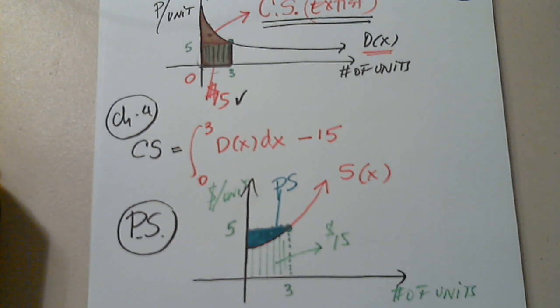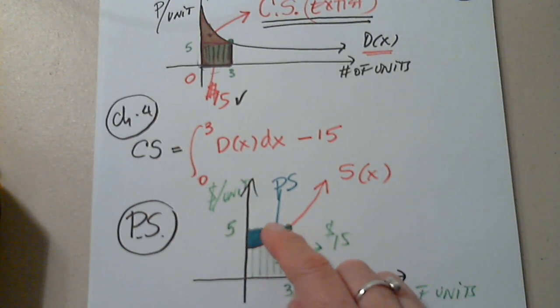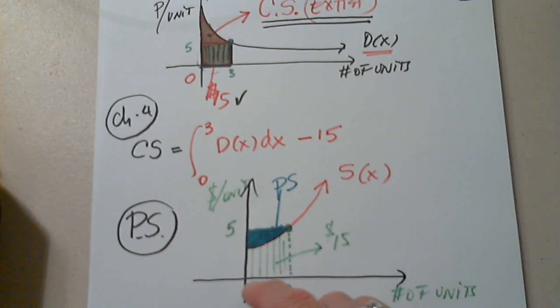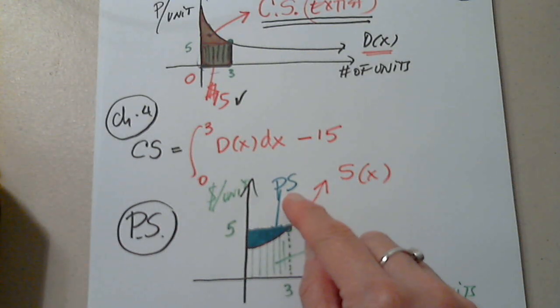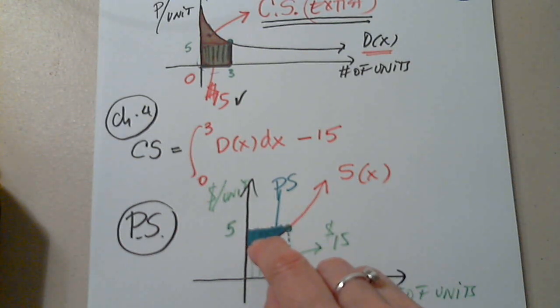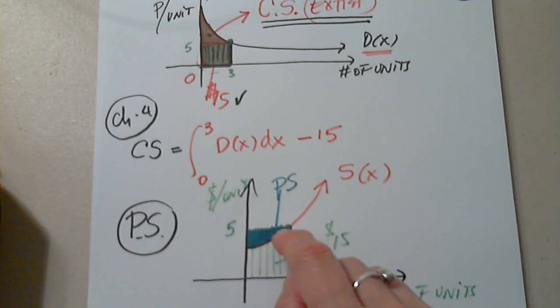So what does it mean? It means that we are paying $15, but actually we should have paid less. We are allowing the producer to pocket a tiny bit amount of money that we should be getting, but we are not.